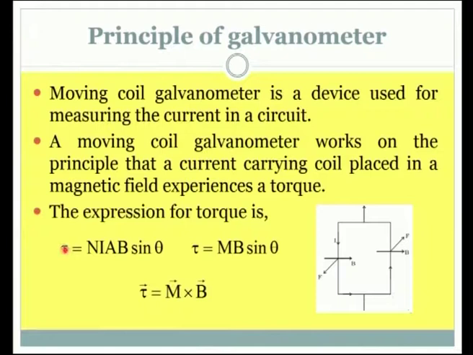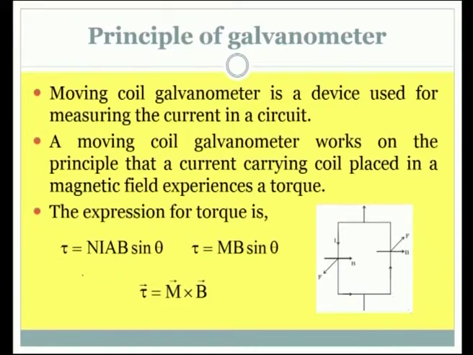Tau is the torque, which is equal to NIAB sin theta. Each term has a meaning. N is the number of turns of the coil, I is the current in the coil, A is the area of the coil, B is the magnetic field in which the coil is kept, and theta is the angle between the area vector and the magnetic field.